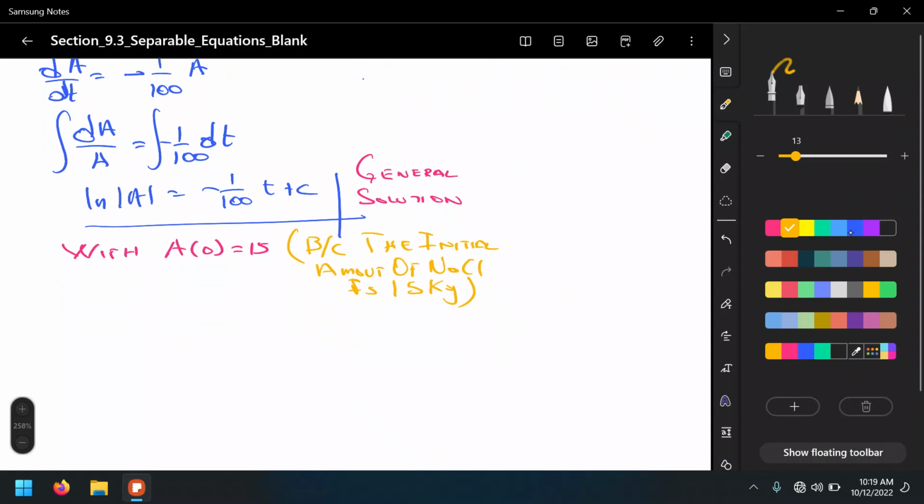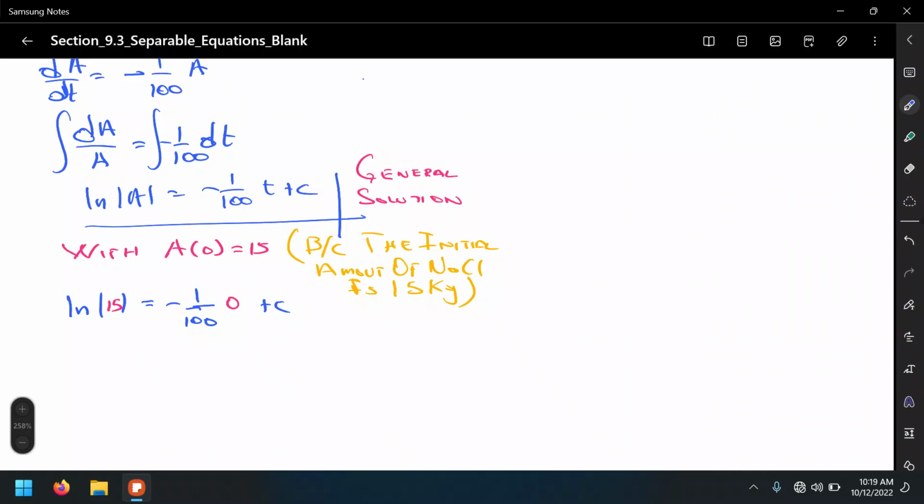So this is what we're going to do. We're going to plug in ln of 15 equals -1/100 t plus c, where in this case t will be 0 and A will be 15. This is going to get zeroed out, and c will be ln of 15.